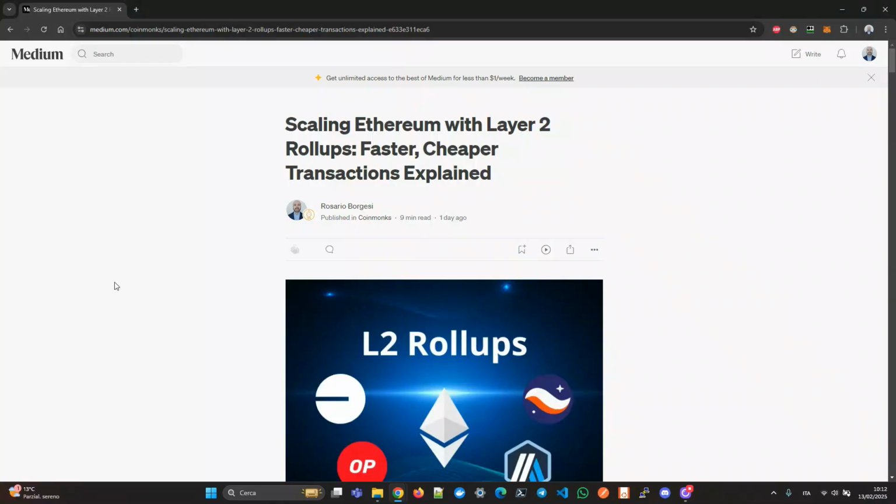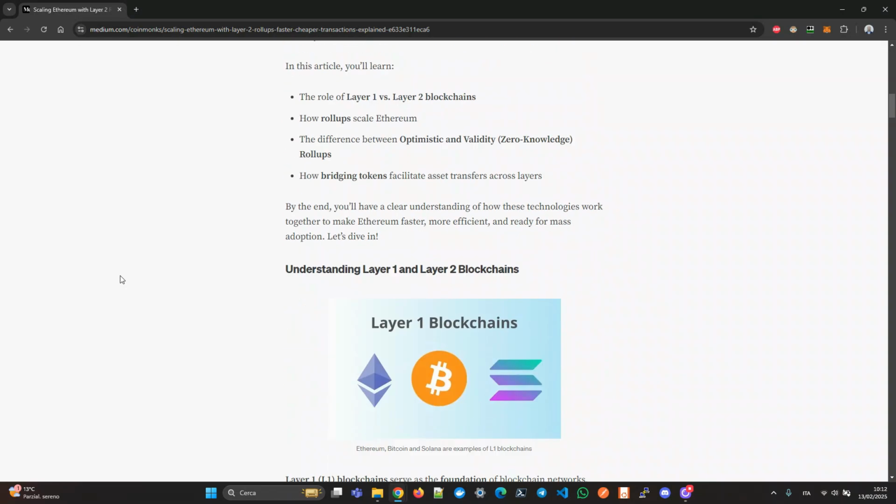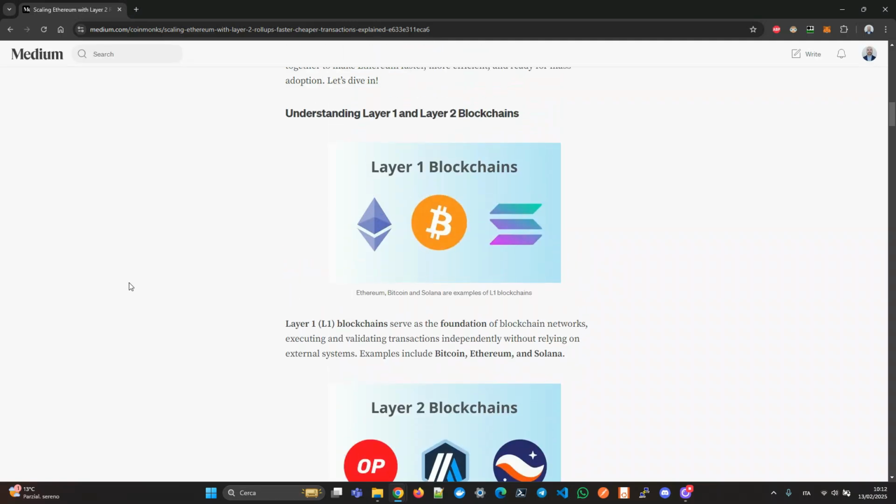So let's get started. This is a Medium article that I have created to help us throughout the video. Let's start by explaining the difference between layer 1 and layer 2 blockchains.